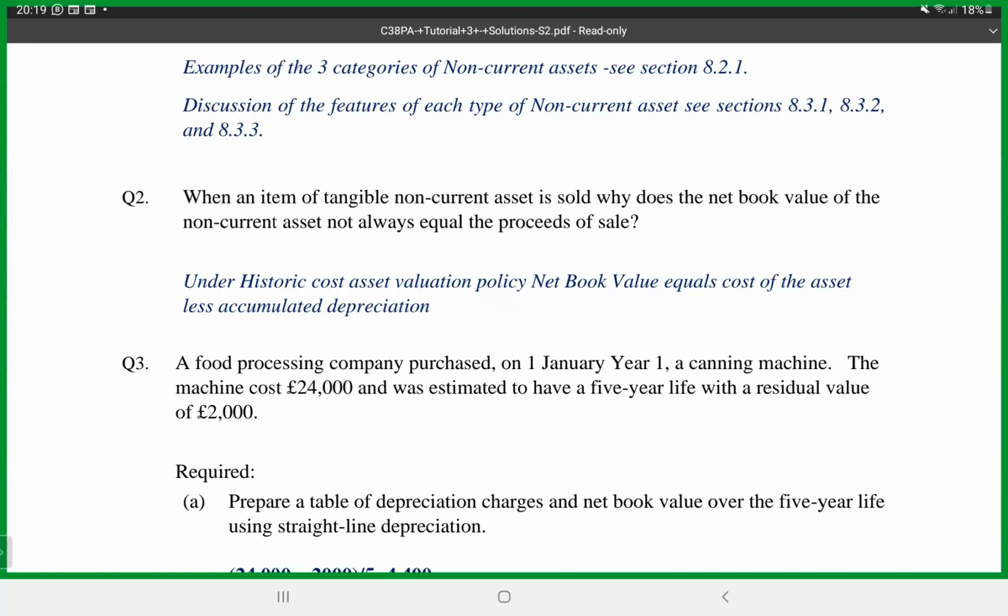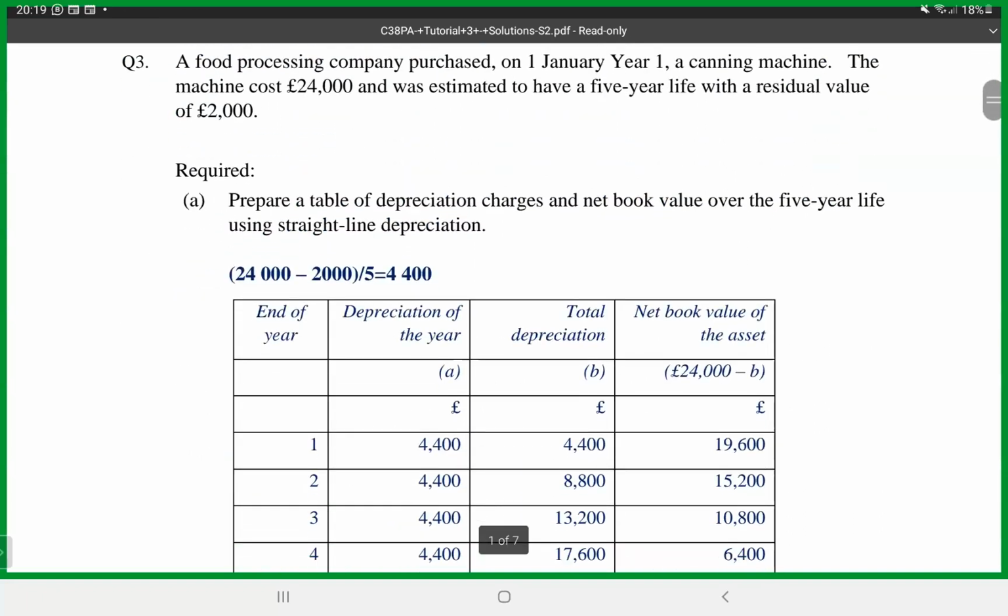Then there was question number 3. It was about a food processing company that purchased a canning machine on 1st January year 1. The machine cost 24,000 and was estimated to have 5 years of life with a resale value of 2,000. The requirement was to prepare a table of depreciation charges and the net book value over the 5-year life using the straight line method.